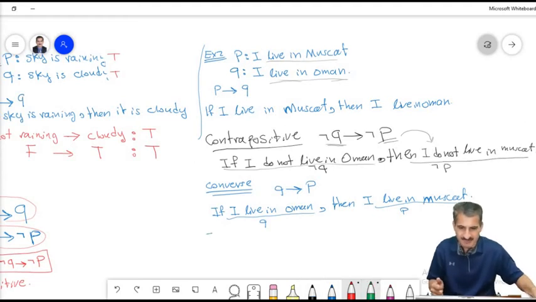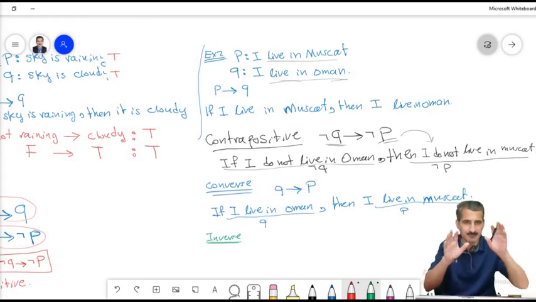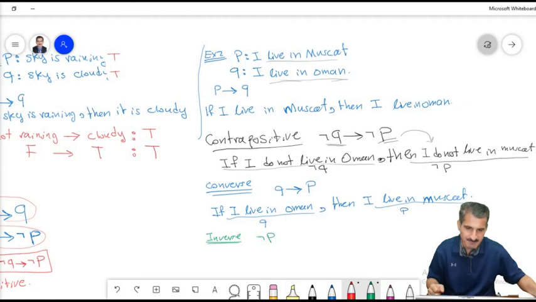Okay, now what's left? The inverse. The inverse of this statement, we said we keep the places of the propositions, but we negate each one of them. So the inverse is not P implies not Q. So the statement becomes not P means I don't live in Muscat.